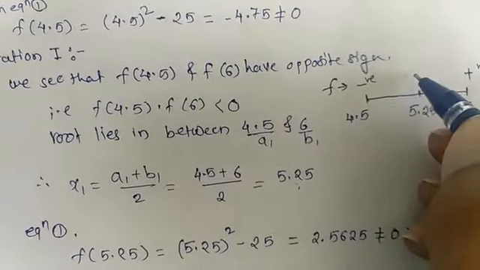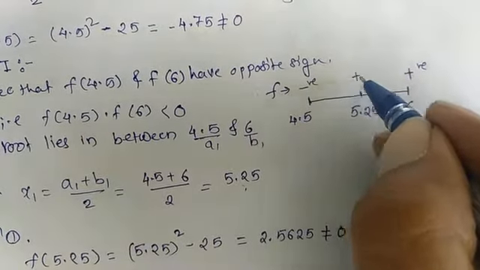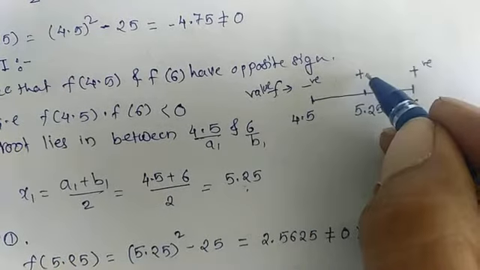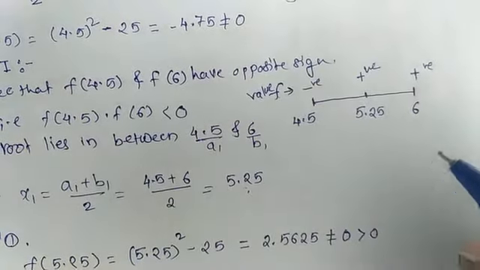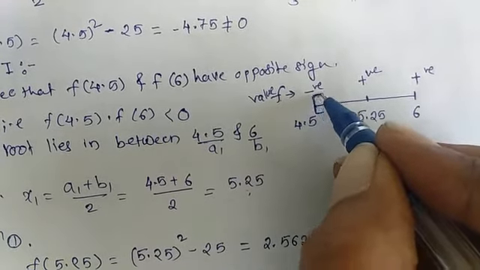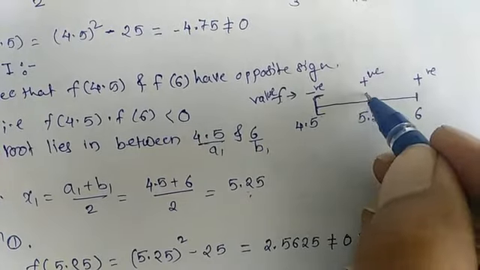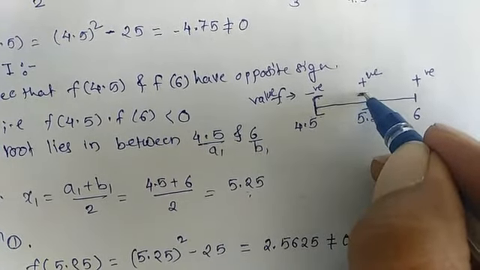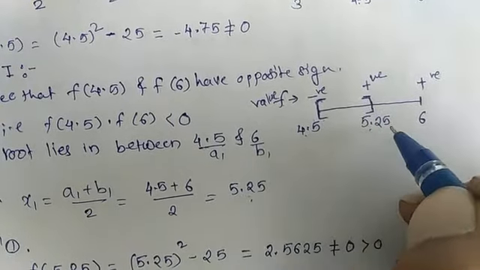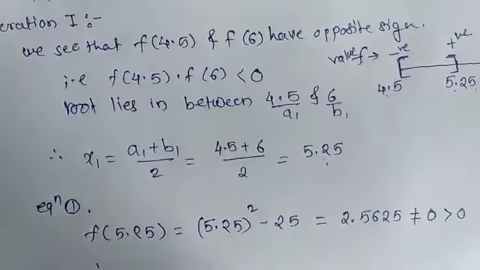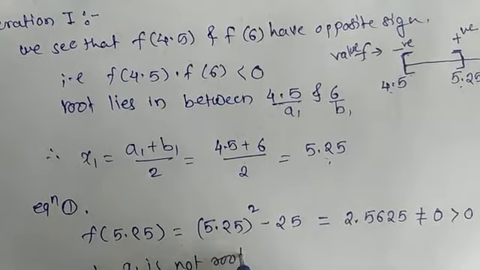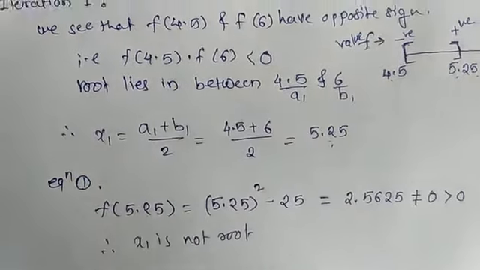Here at 5.25 the value of f is positive. So we have to take an interval where one end is negative, so it will be 4.5 to 5.25. The next root will lie between 4.5 and 5.25. Therefore x1 is not a root, as it is not equal to 0.